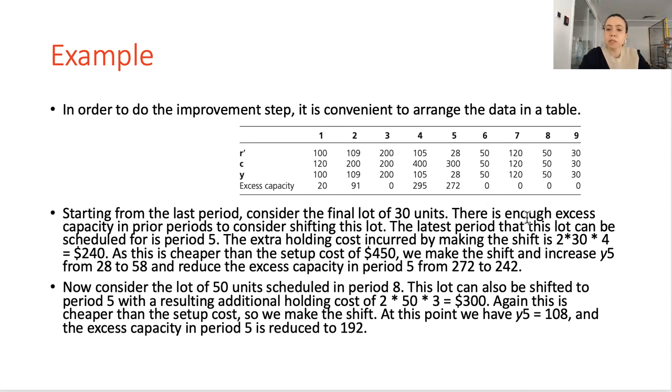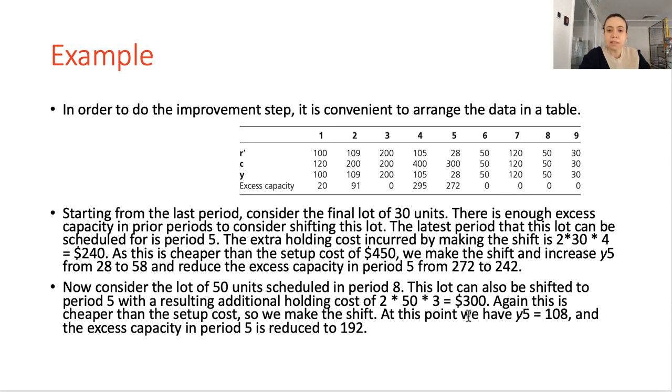Now I check the production plan in week 8. We have to produce 50 units, and now I will check if it is possible to produce these 50 units in the previous periods. When I check the previous 2 periods, I see that there is no excess capacity. But here in the 5th period, we still have an excess capacity to produce these 50 units. So if I shift this production plan to week 5, then I have to hold inventory for 3 periods, and this makes a $300 inventory holding cost.